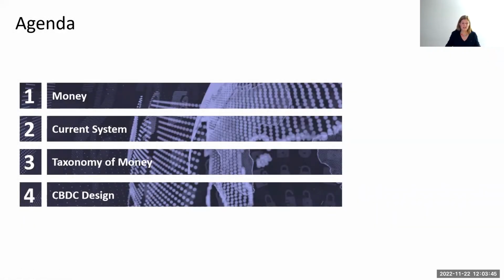So here's my agenda. First, I'll provide you with an overview of what money is and what its core functions are. Then we'll have a quick look at the current system of central banks and commercial banks. Afterwards, I'll introduce you into a taxonomy of money, and in particular look at the possible role that CBDCs could have and what the issues are they were meant to tackle.